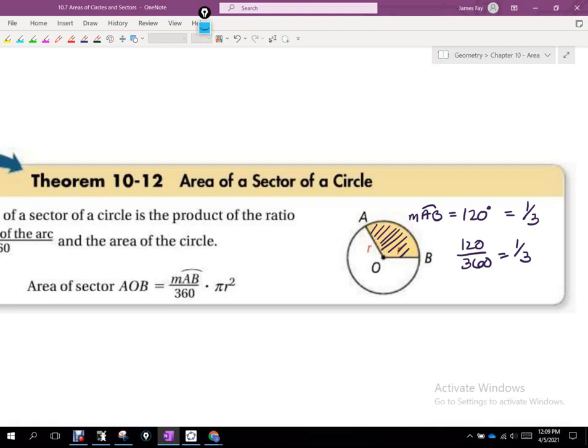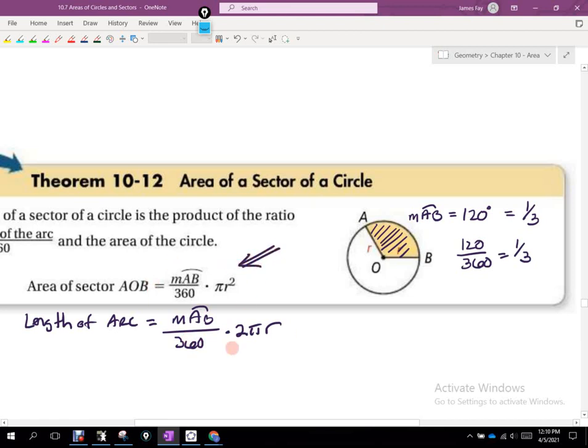So this formula down here, the area of a sector, if you remember from the length of an arc, would have been arc AB's measurement divided by 360 times 2 pi r. That's what we talked about on Thursday, in the beginning of the class today. This formula is the same concept, but instead of multiplying by circumference, we're now multiplying by area.